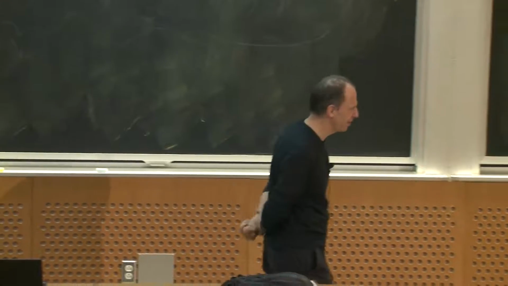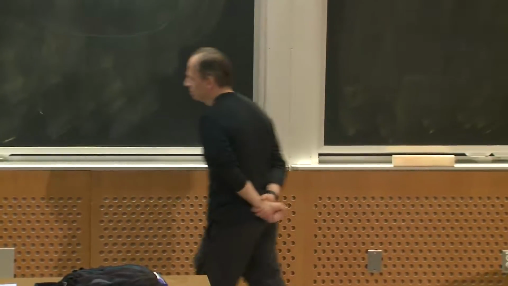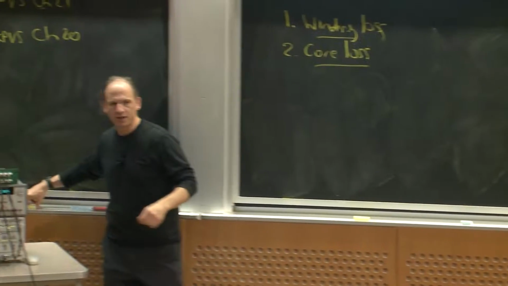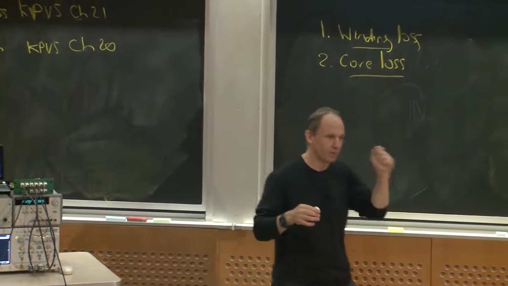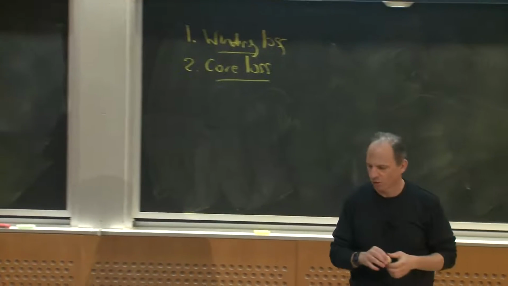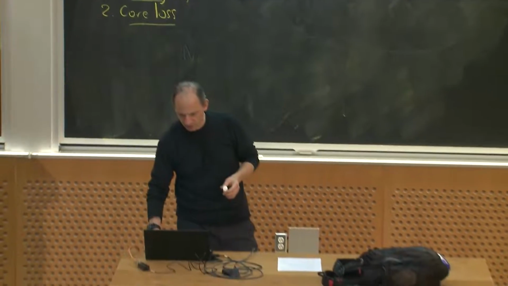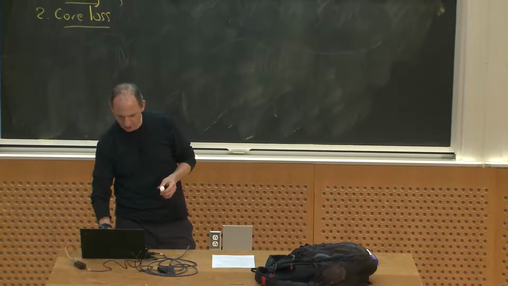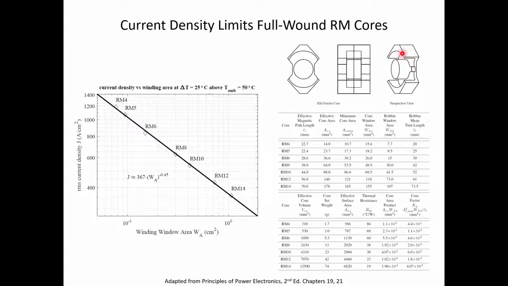Now, at the most basic level, if we're going to think about winding loss, suppose we're designing an inductor. You're going to wind a bunch of turns, typically on a bobbin that's going to go on a core. Just to give you an example, in the top right here, this is half of a core, and you put two of those halves together, and you might grind the center post to give you a gap to store the energy in, and you would wind your windings around the center post.